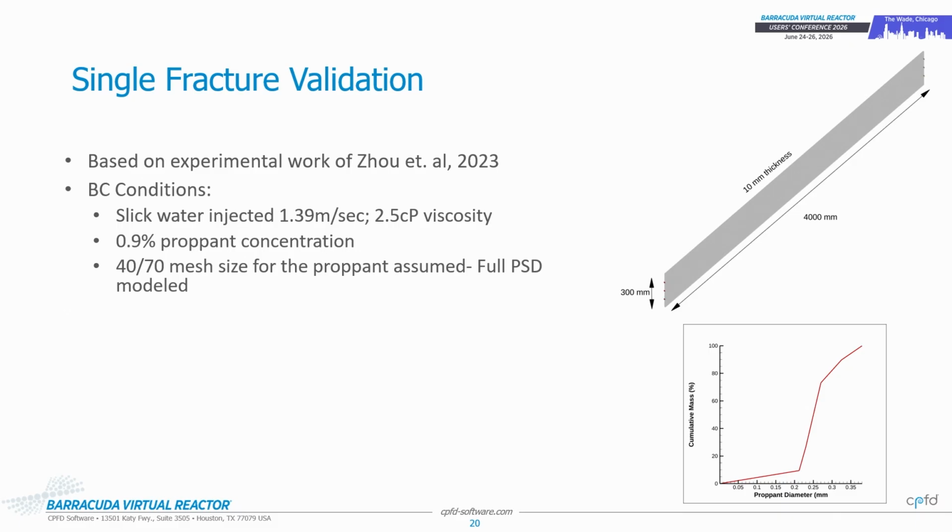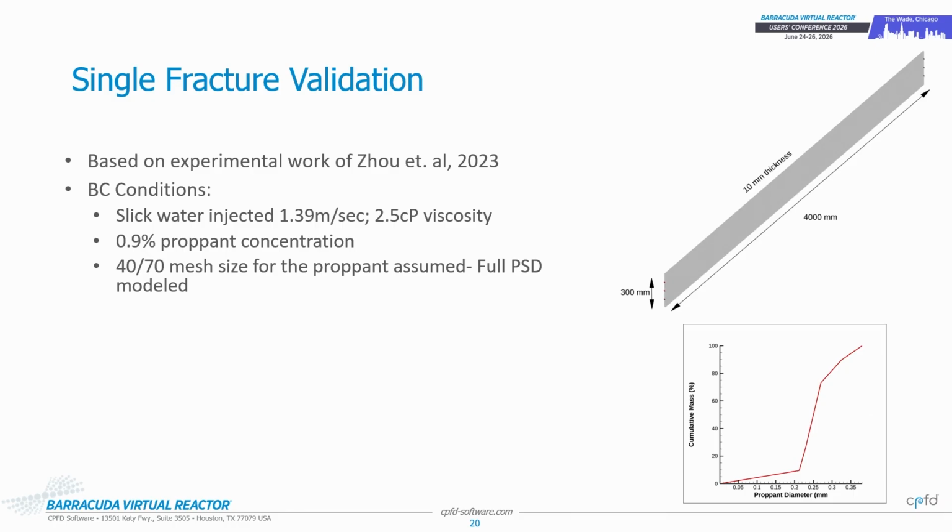This is your fracture that you have just created, and now you want to see if I release some solids along with the slick water, how far are these solids going to settle down. And the further they settle down, the more area they occupy. That's the area through which you'll be able to produce oil.